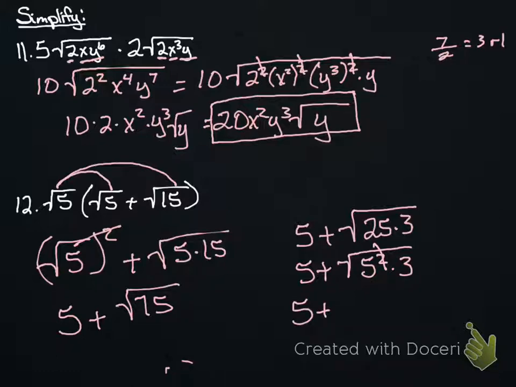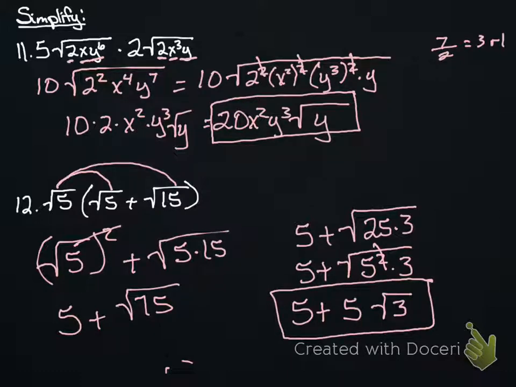That's going to stay after that plus sign, but in front of the radical. Rewrite that a little bit. 5 square root 3. And there's my answer. Okay? Not too bad.